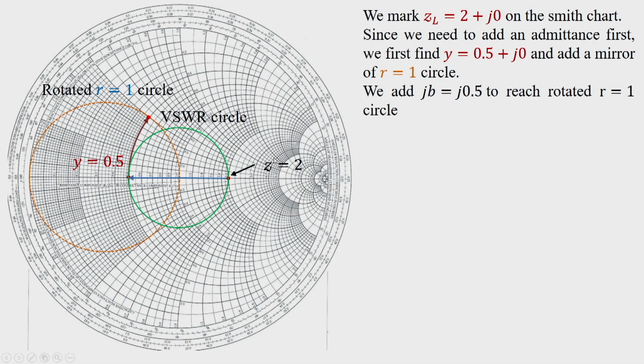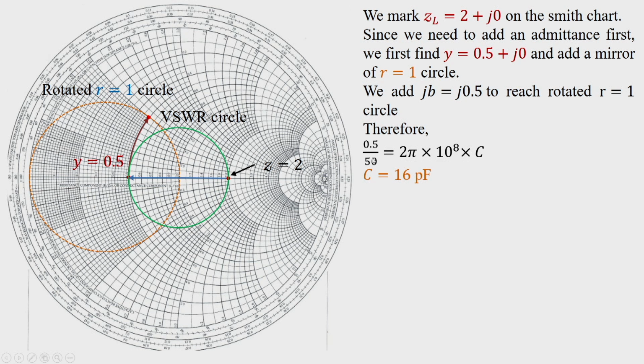So, at this point we can calculate the capacitor value that will be needed. So, our small b is 0.5.